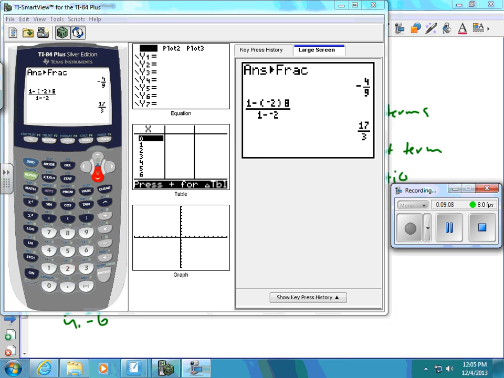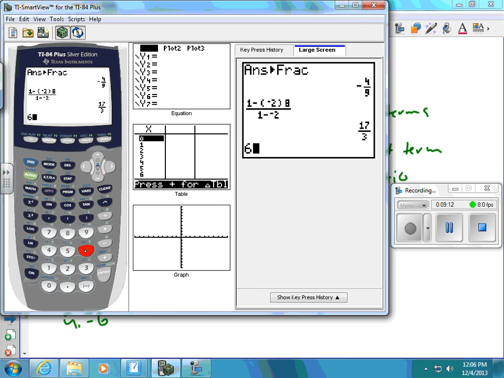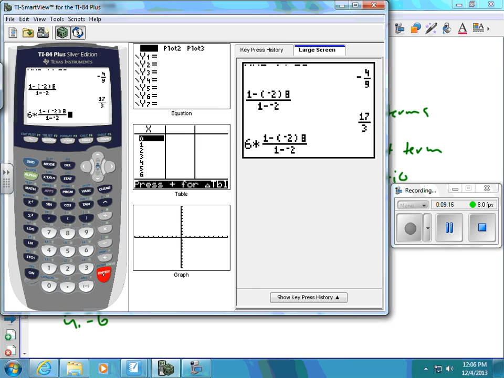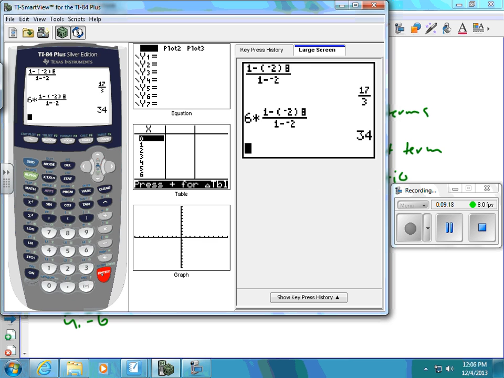I just realized I forgot to multiply this by a sub 1. A sub 1 is 6. So we want to multiply this whole thing by a sub 1. My bad. So I plug that in there, and we get 34. Oh, oops. I see where we messed up. It shouldn't be 34.